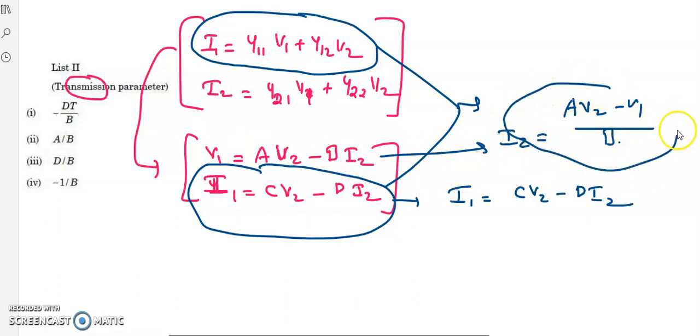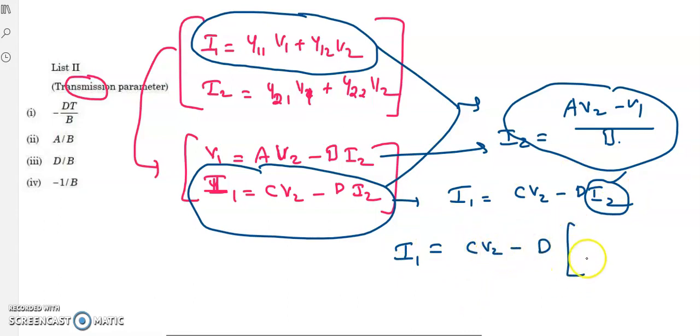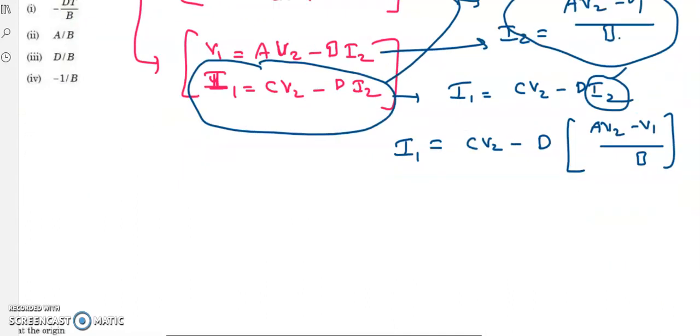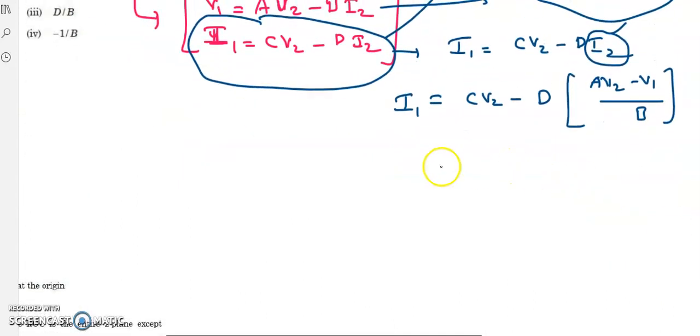Now I am substituting this I2 in this term. After substitution, I will get I1 is equal to c v2 minus d into (a v2 minus v1) divided by b, right? And from this, take the v1 and v2 coefficients separately.